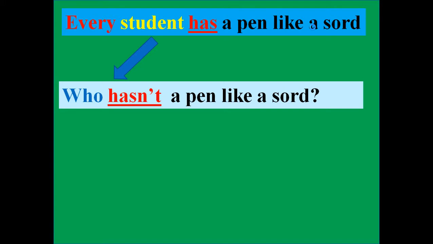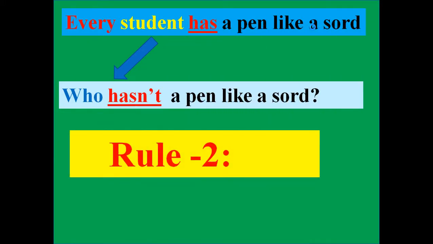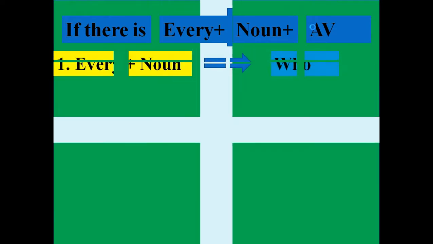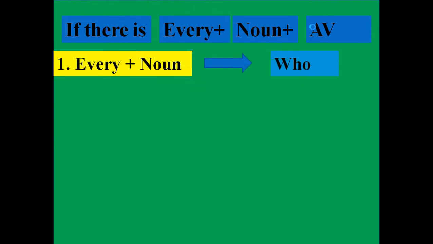Okay, dear students, what would be rule number 2? If there is every plus noun plus auxiliary verb, what should we do? Instead of every plus noun we can use who.